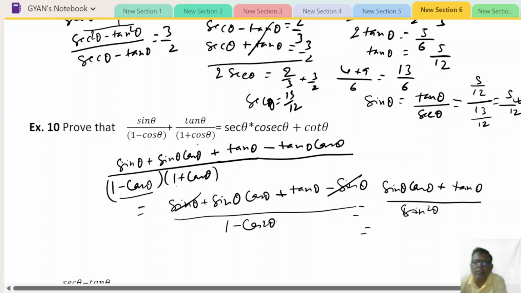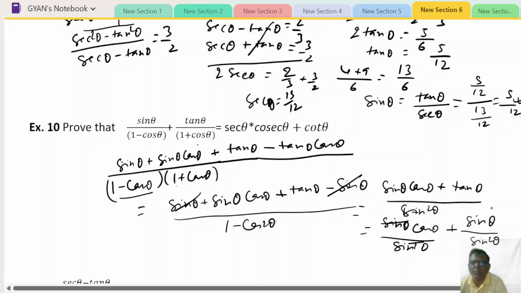So split it, sin theta into cos theta divided by sin square theta. Sin theta cancels, and this one, tan theta by sin square theta, is sin theta by sin theta into sec theta.